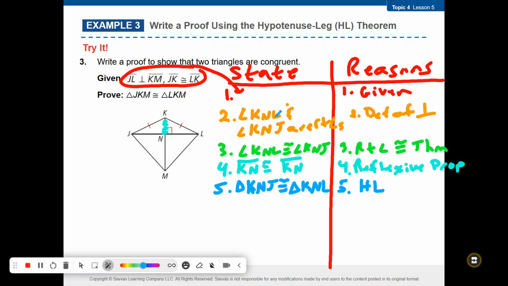All right, so looking at this next one, I'm going to go back to this whole idea of these perpendicular lines, okay?